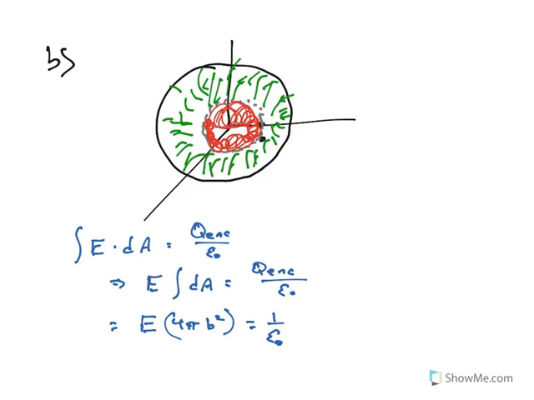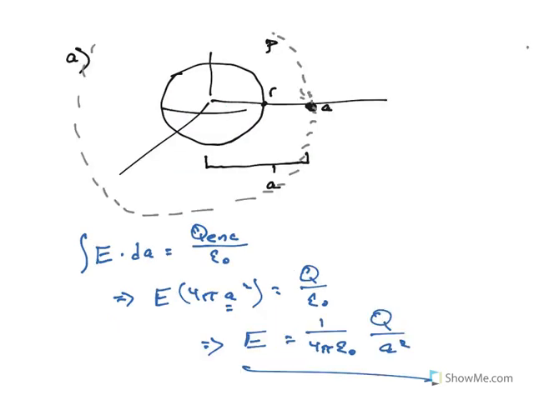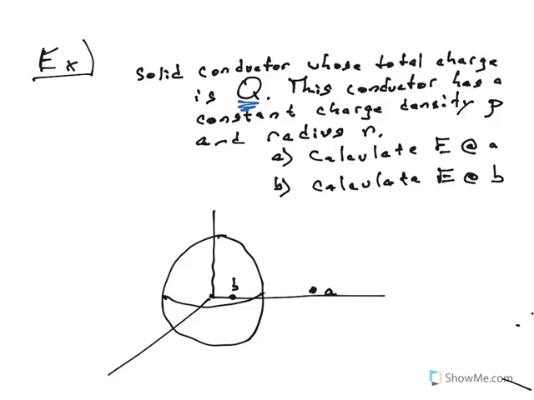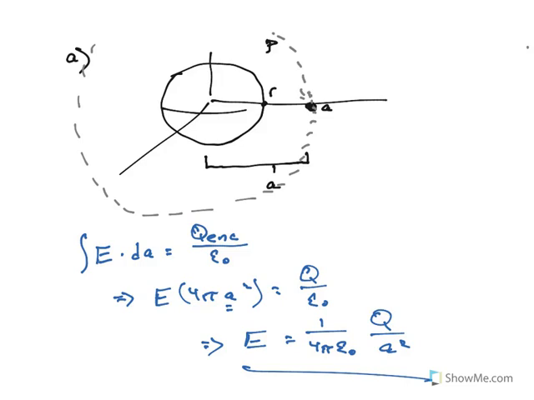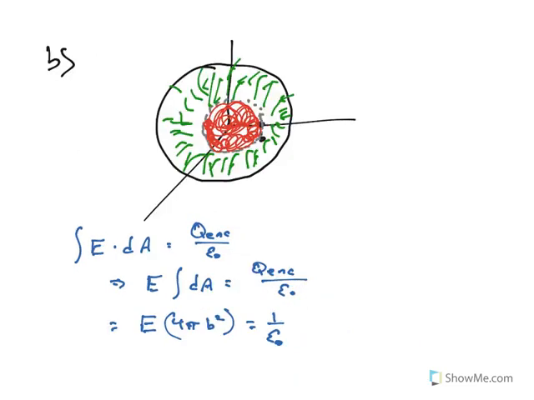How in the world do I figure that out? All I know is that the total charge, if I add all the charge up, I get Q, and I know that it's got some constant charge density. So the way we're going to do it is this. Because we know the charge density is rho, then what we could do is we could say, if we have a sphere, we take a little piece of this sphere, a little box, and we say, okay, well, how much charge is in this box?